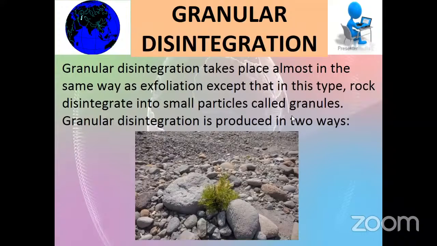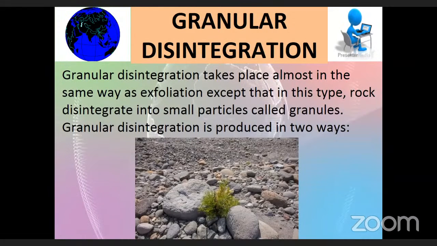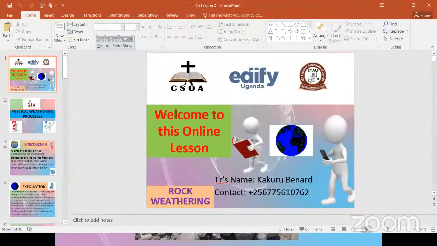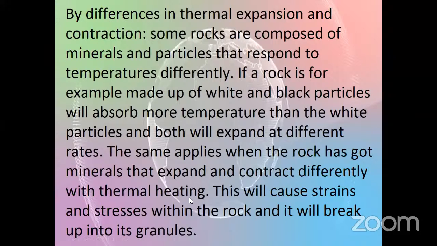Granular disintegration takes place almost in the same way as exfoliation, except that in this type, rock disintegrates into small particles called granules, and granular disintegration is produced in two ways. Okay, let's see those two ways. You will continue to read below. Yes, continue. The first way is by differences in thermal expansion and contraction.